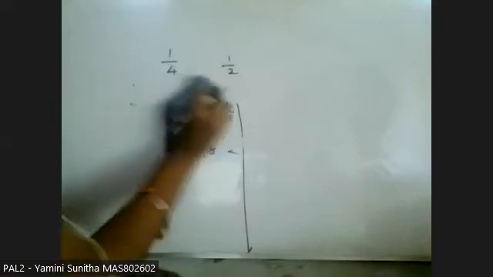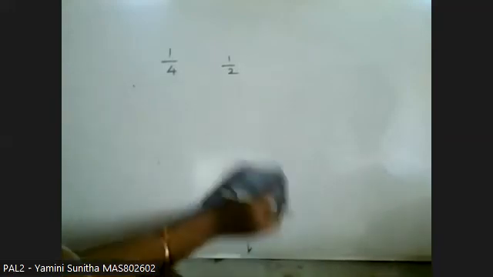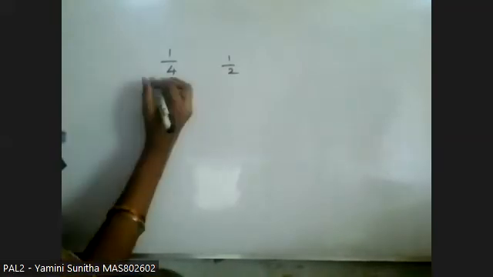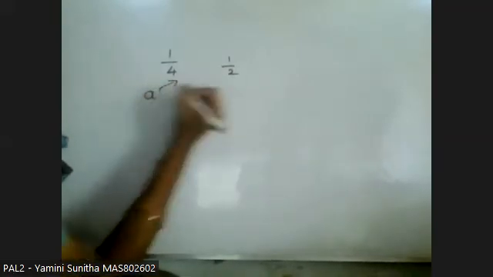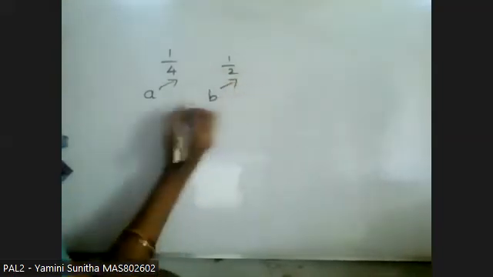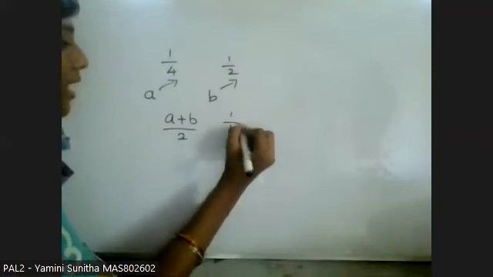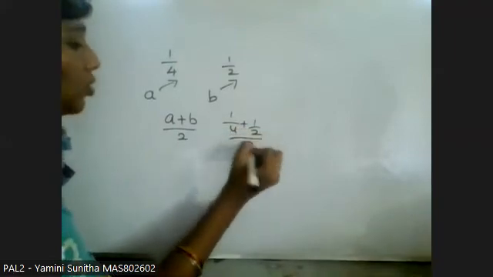But this is a confusing method to some of our friends, so now we can use the formula. A is 1 by 4, B is 1 by 2. Then what is A plus B by 2? 1 by 4 plus 1 by 2, all by 2.